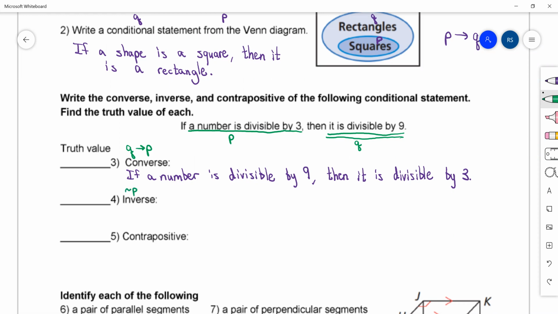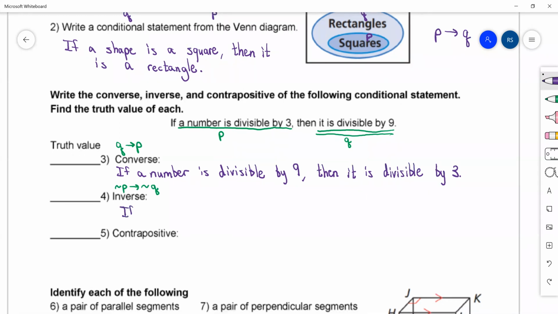So if not P, then not Q. So we can say if a number is not divisible by 3, then it is not divisible by 9.